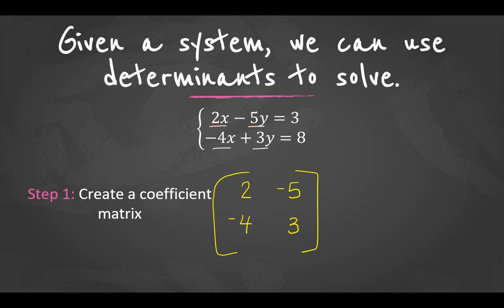And we're going to find the determinant of this. So remember we cross multiply, so we get 6 minus 20, which is negative 14. So we pull the coefficients out, make a matrix, and then we find the determinant.